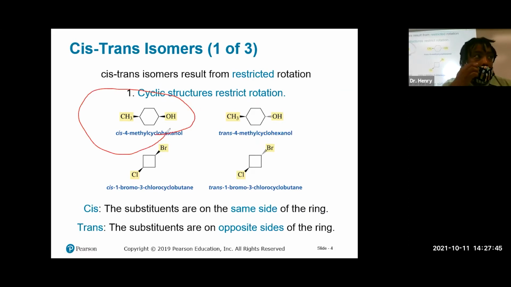This one. So in the wedge dash model, the wedge means it's coming out toward you, right? And the dash means that it's in the back.